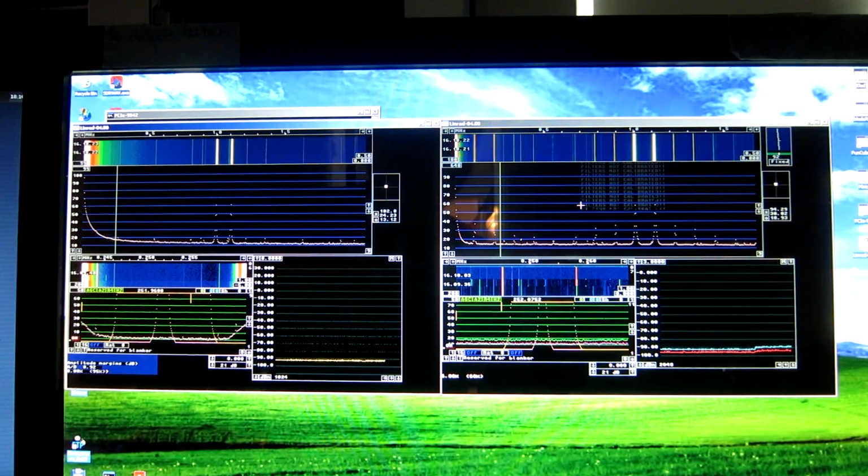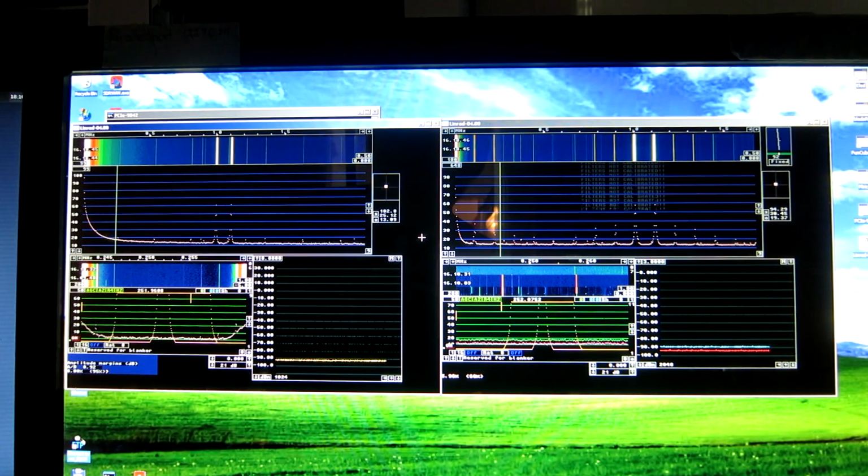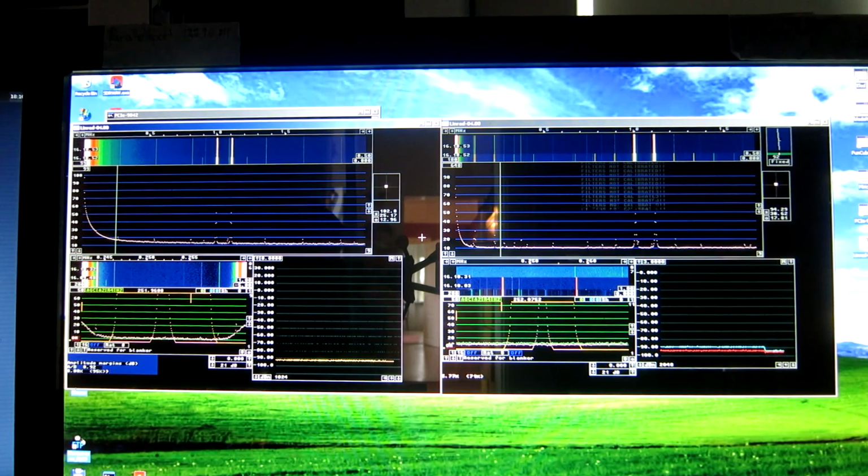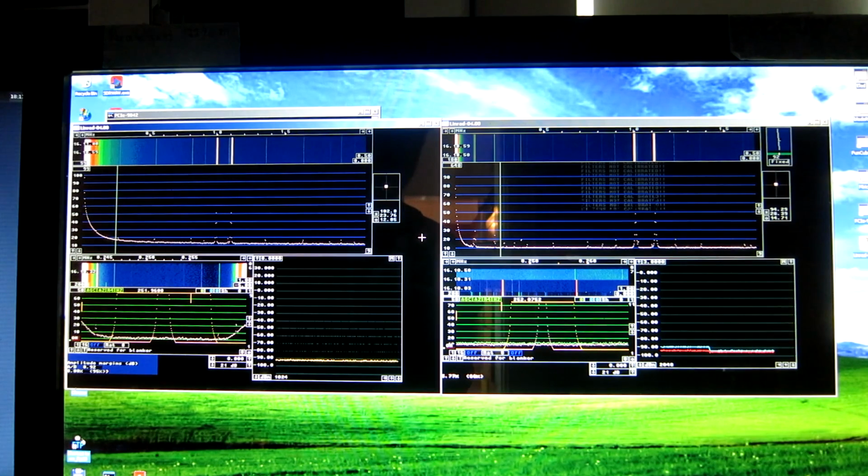This one is still very strong, and there are many false signals. There are false signals here as well, of course. And that's rather interesting. At some particular signal level, it's now minus 60 for both generators.